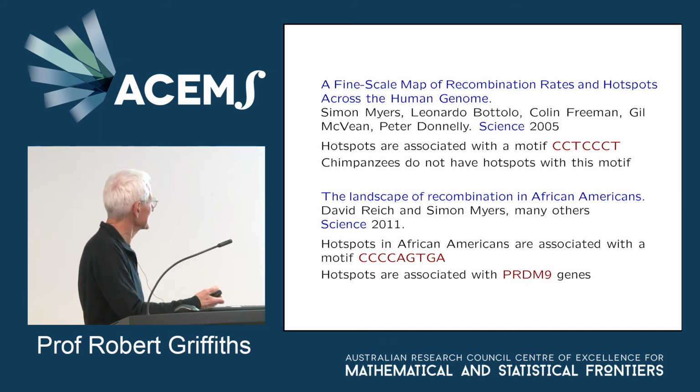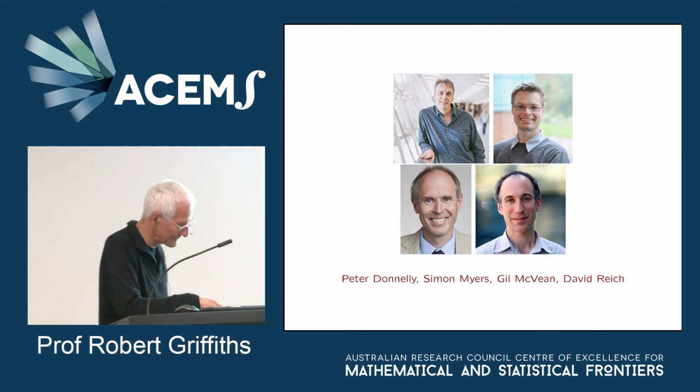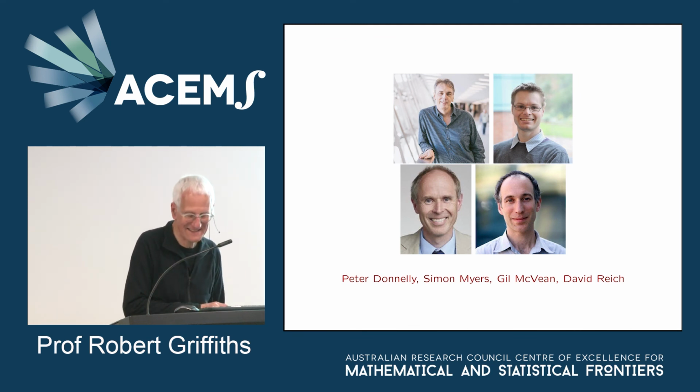And these are the people here. The first three are from Oxford, and this is David Reich from the Broad Institute in America. I think there are many good people doing statistical genetics around different countries.